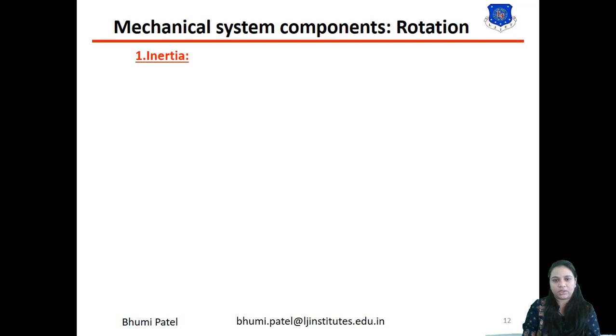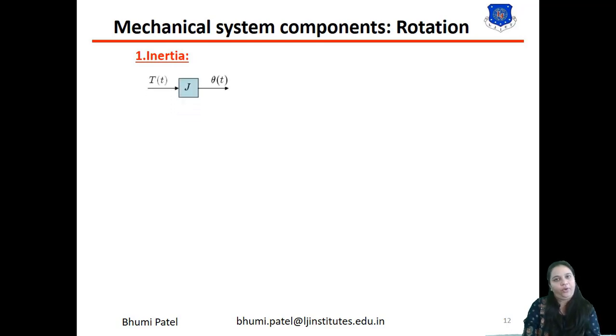Next, the mechanical system components for rotation. First of all, in rotation, what is the inertia of the system? In rotation, inertia is considered to be a property of the element that stores the kinetic energy of rotational motion.